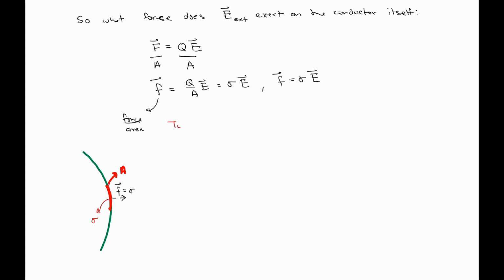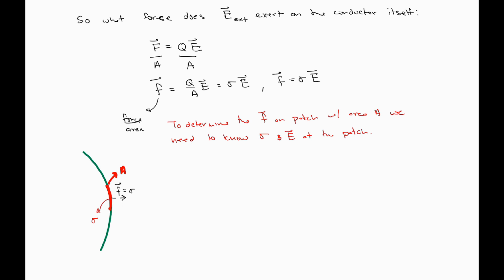If I want to determine the force on our patch with area A, we need to know the charge density of that patch and the electric field at the patch.